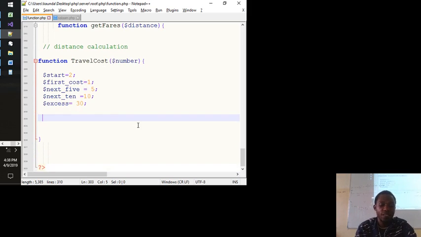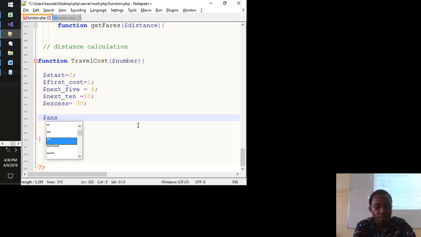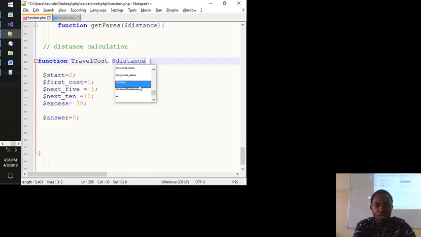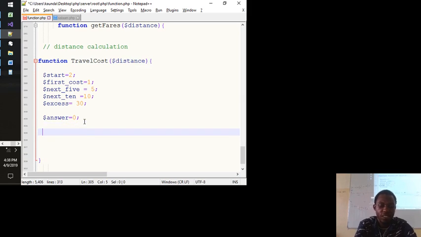So I'll say let's say answer is 0. So if the distance is less than 1 kilometer, let's make this one distance so that it will make sense to us.